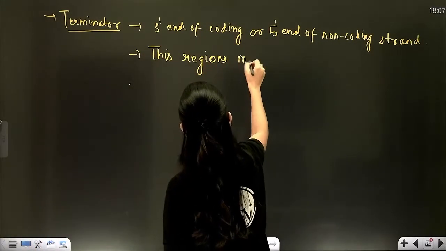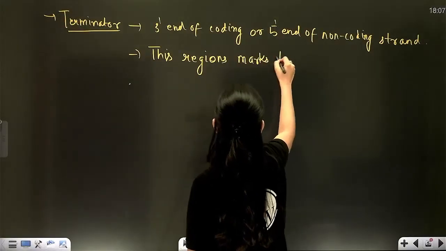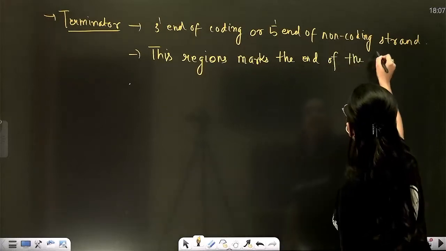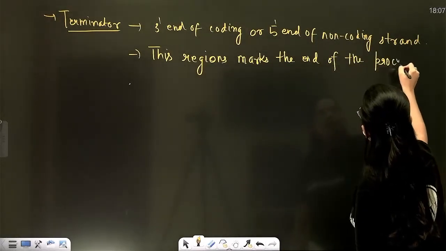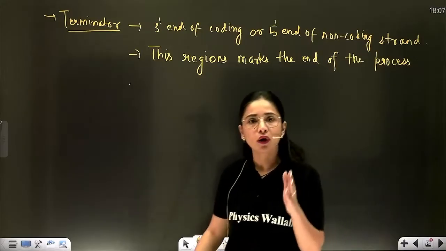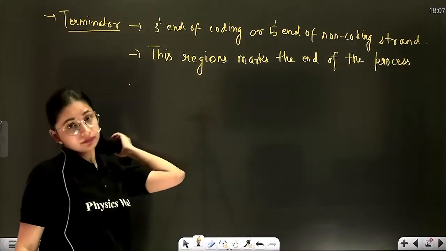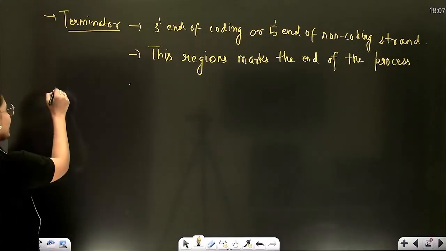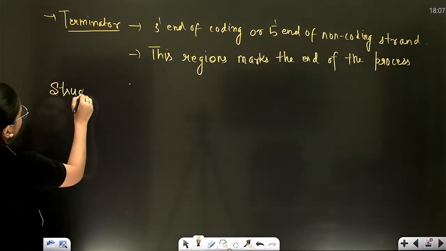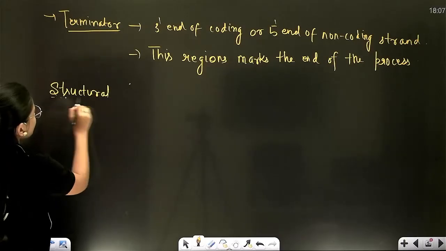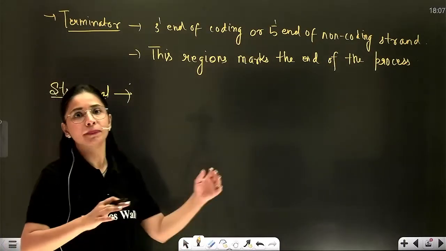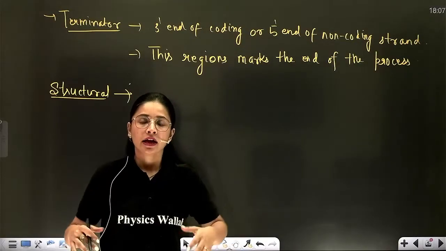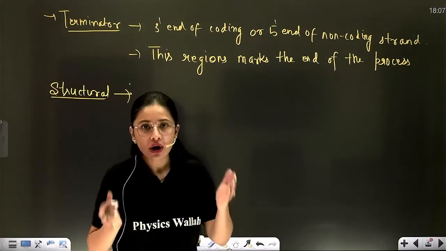This region marks the end of the process of transcription. Understood, everyone? Now, in between promoter and terminator is the structural region. The structural region that flanks between promoter and terminator is that part of the template DNA which has to actually undergo transcription.